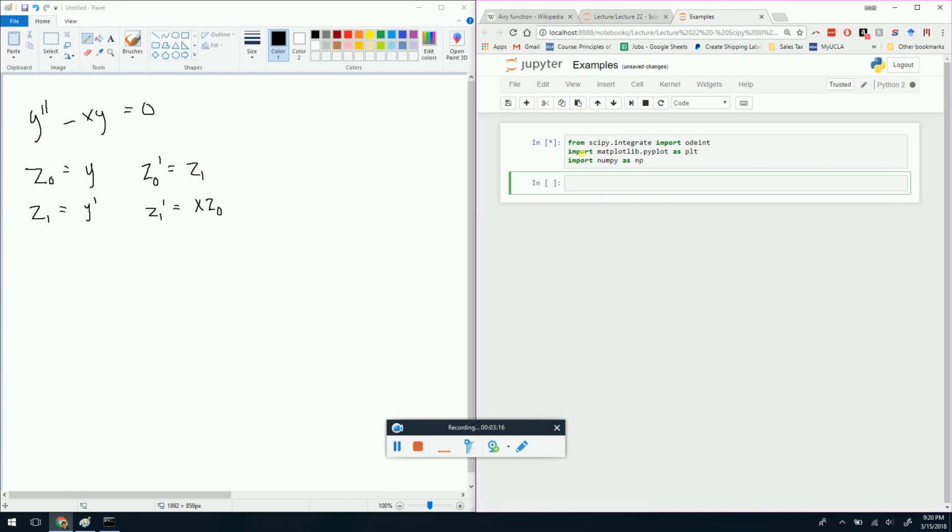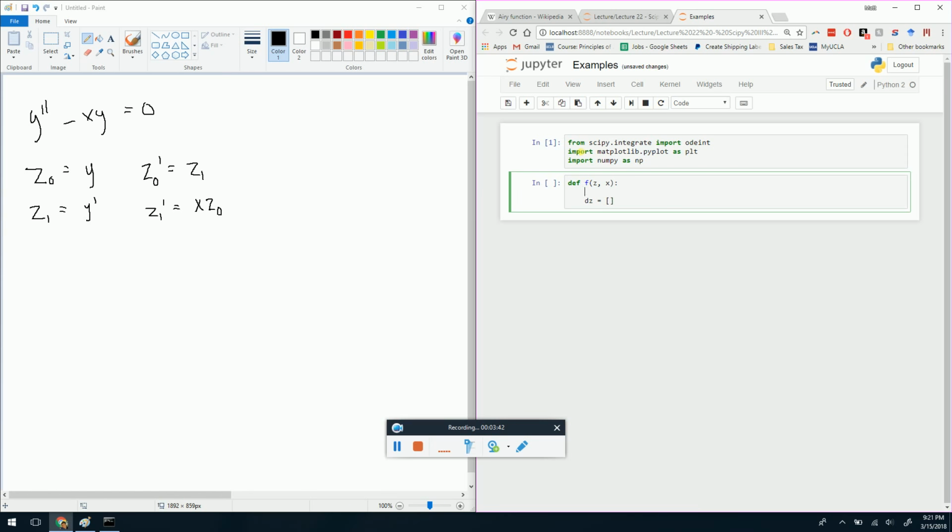Alright, let's create a function. Call it f. That's going to take in two arguments, z and x. Often we've done z and t, but we'll call it x in this case. And we need to express our dz in terms of z0 and z1.